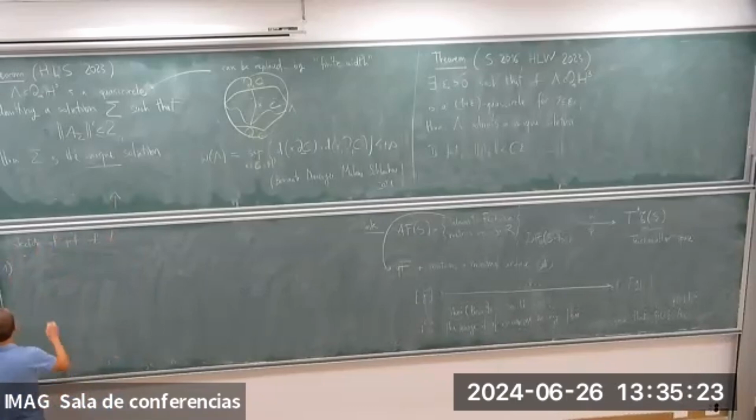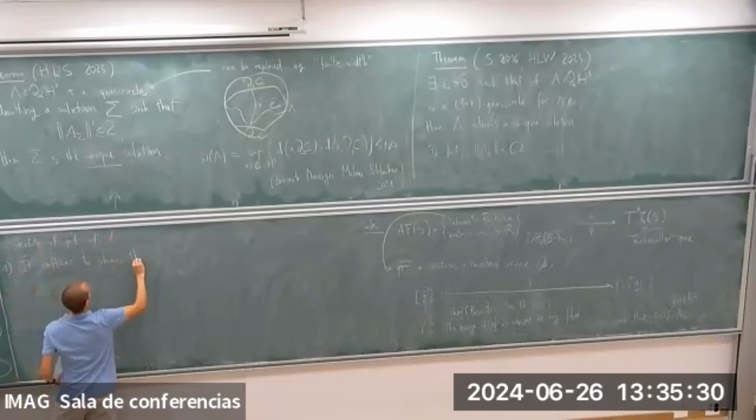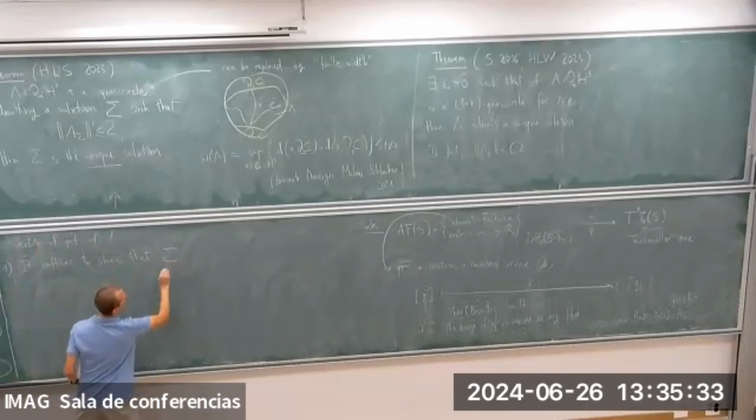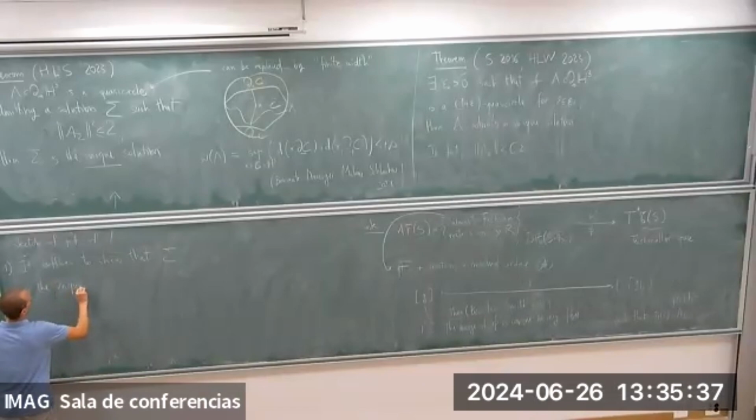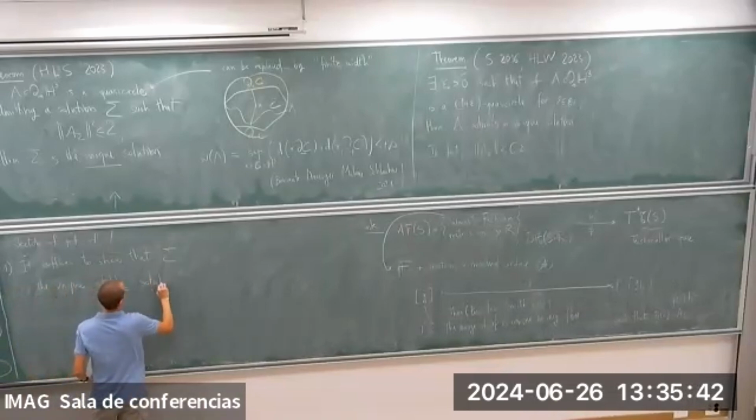So it suffices to show that sigma is the unique stable solution. I claim that to prove the theorem, it's enough to show uniqueness in a smaller class, in a class of stable solutions. There is always one stable solution. It will suffice to show that there's only one.